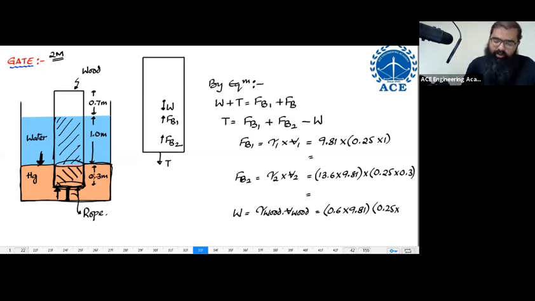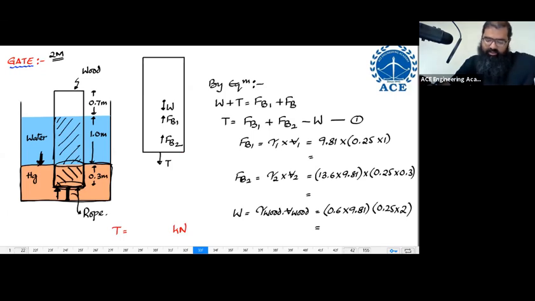Total height is 0.3 plus 1 plus 0.7, so the total height becomes 2 units. From here you will get this answer. All these things you will get. You will substitute the values in this particular equation. Then you will give me the value of tension. Please start answering in kilonewtons.